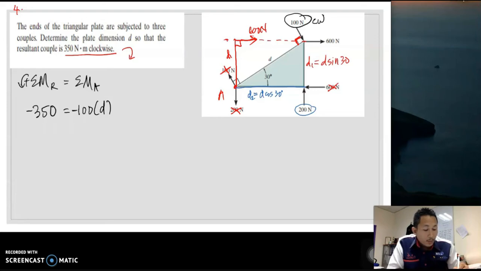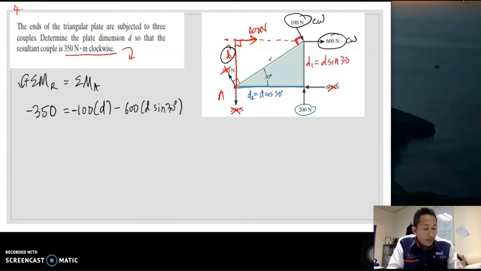Next we have 600 Newton. It is also in the clockwise direction, so negative 600 Newton times the distance D1, which is D sine 30 degrees.